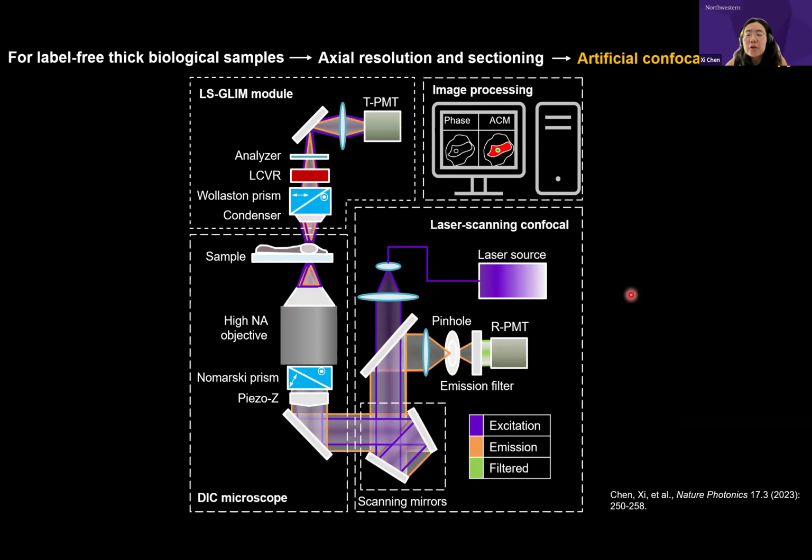It's basically a multimodal system, including a QPI method and confocal fluorescence imaging. For the QPI part, we adopt a method called DIC, differential interference contrast, plus a common-path interferometer further introduced by the LCVR. LCVR stands for liquid crystal variable retarder, which gives you the phase shift between the two polarized lights.